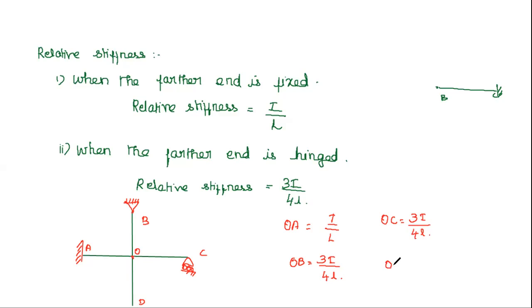And for OD, as the end is free, there won't be any stiffness, which means the stiffness of member OD is equal to 0. These are the important points that you should be clear about before preparing for a competitive exam regarding the moment distribution method. Next, we are going to move to the slope deflection method.